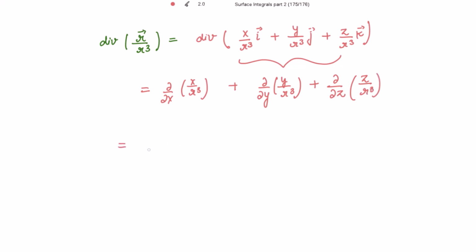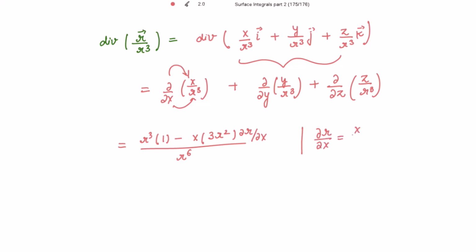So this is equal to denominator square, that is r power 6, into derivating the numerator with respect to x, that is 1, minus writing the numerator and derivating the denominator with respect to x. So this is 3r square into partial derivative of r with respect to x. And we know that partial derivative of r with respect to x is x divided by r.